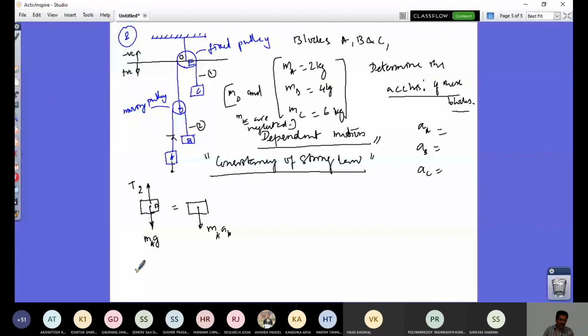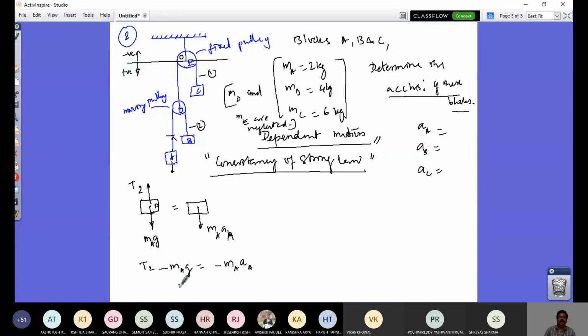So for block A, I write T2 minus MA G equals minus MA AA. The minus sign is because it's down.